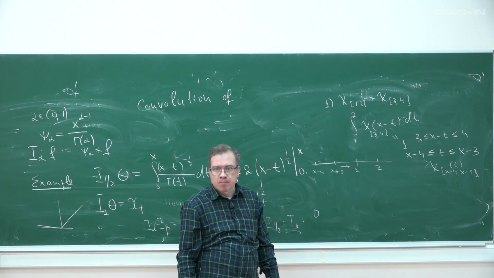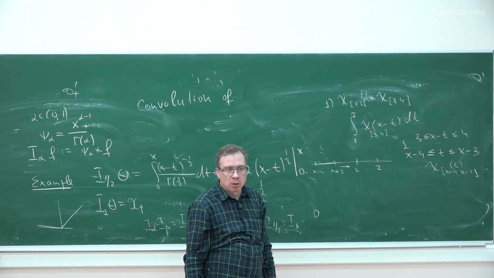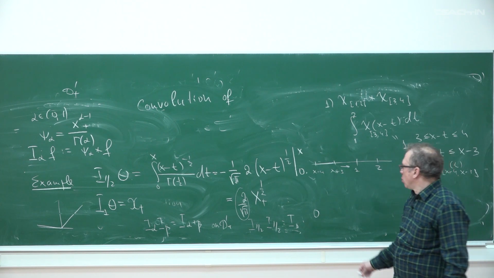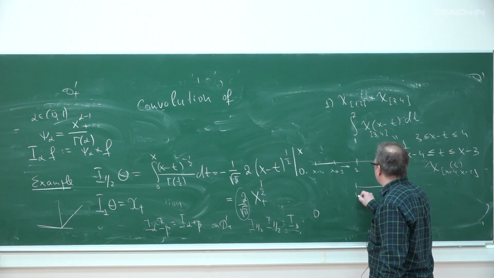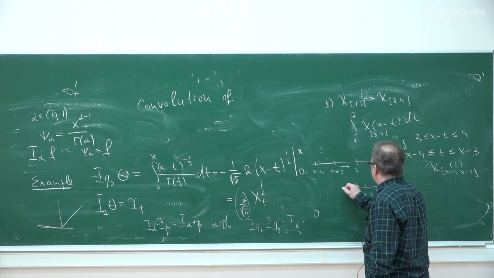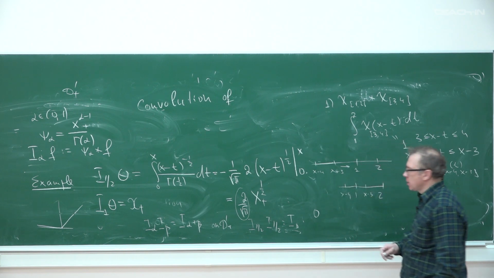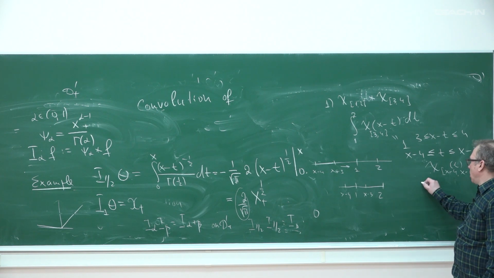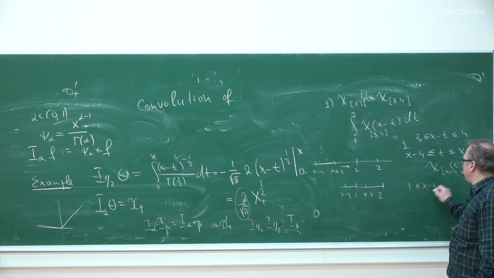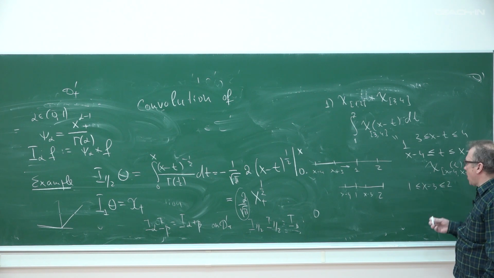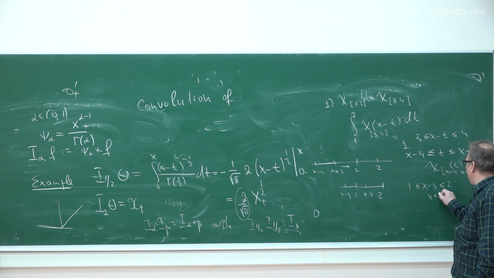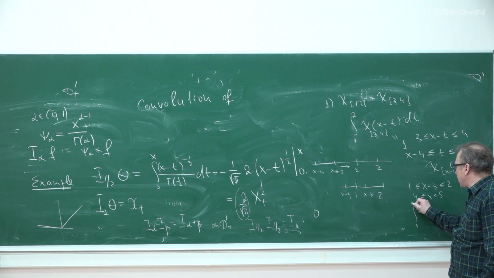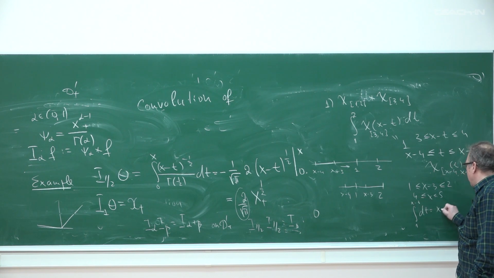We start to obtain non-zero when x minus 3 is here and x minus 4 is here. Then x is from 4 to 5, and we obtain the integral from 1 to x minus 3 of dt, which is x minus 4.